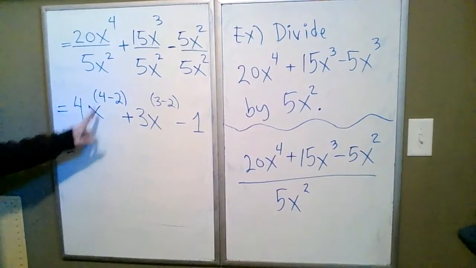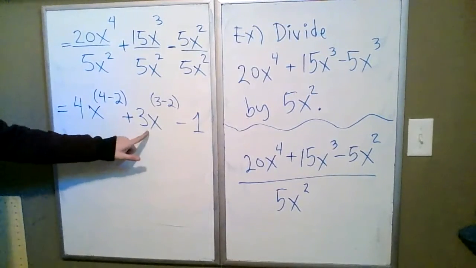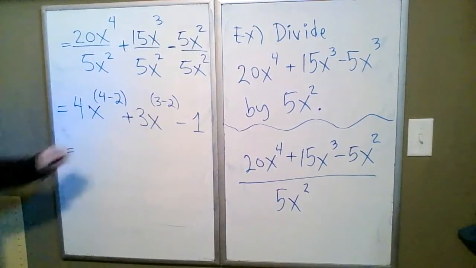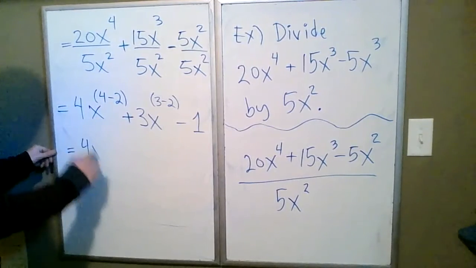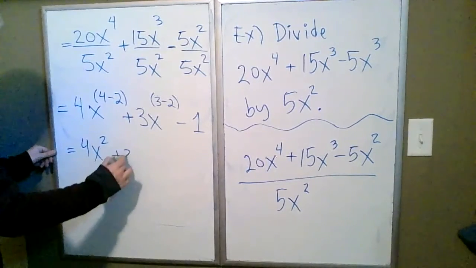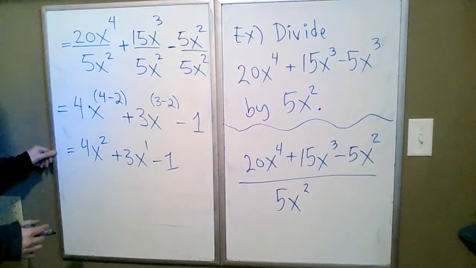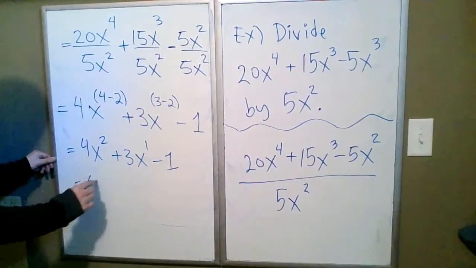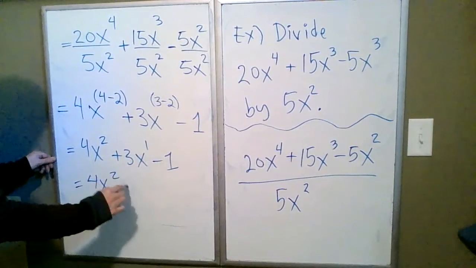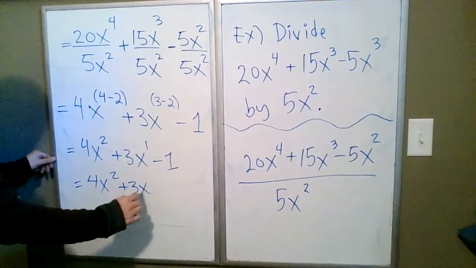This would be 4x squared, add 3x to the first, minus 1. And a number to this first power is the same number. So 4x squared, add 3x.